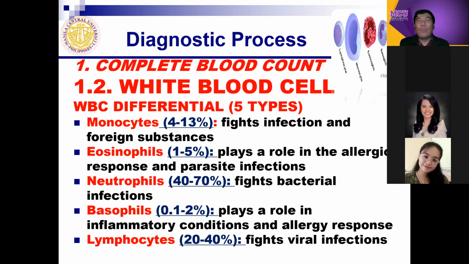Ito po yung very important then that I will emphasize to each and every one of you. Aside from the WBC of the leukopenia and the leukocytosis, I would emphasize then for the nurses to know the importance of having WBC differential count.